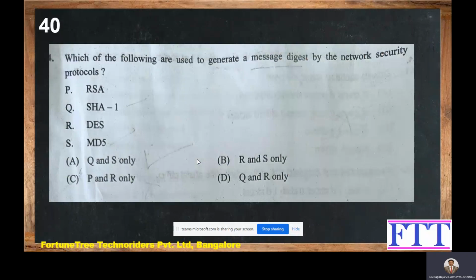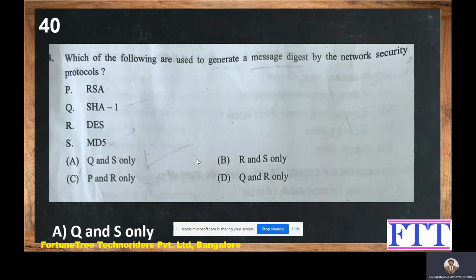Option B, R and S only. Option C, P and R only. Option D, Q and R only. So the right option is Q and S only. SHA1 and MD5 are the message digest protocols with respect to network security.